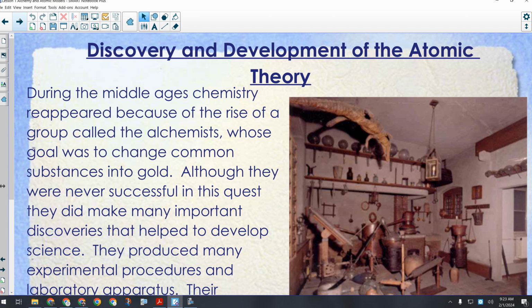Their goal was to be able to transmute simple, cheap substances into gold and silver. They wanted to turn something that was easy to get into something very, very valuable, not realizing at the time that that was completely impossible. I can't turn lead into gold. There's no way for me to do that, because lead is an element and gold is an element.